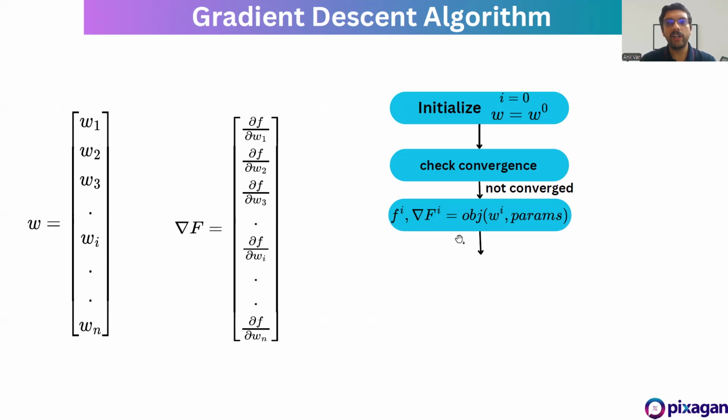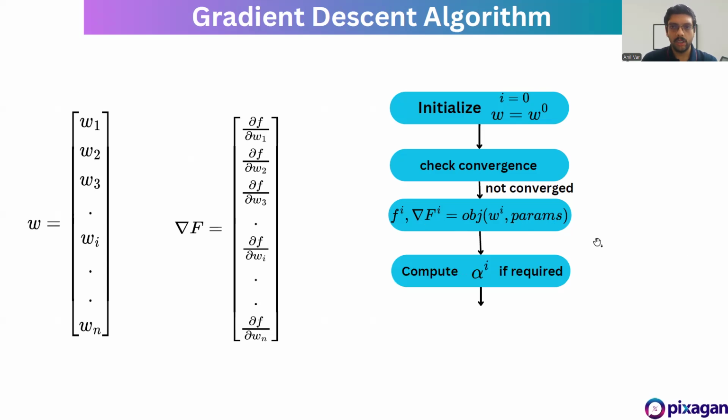But otherwise, you could have two function calls, right? One that gets you the function value, one that gets you the gradient. If you're using an alpha i, a learning rate that is dynamic and depends on the iteration, which will be advanced algorithms, so you don't need to worry about it for now, then you would compute that. But that is for a gradient descent variant, right? So for simple, vanilla gradient descent, you wouldn't.